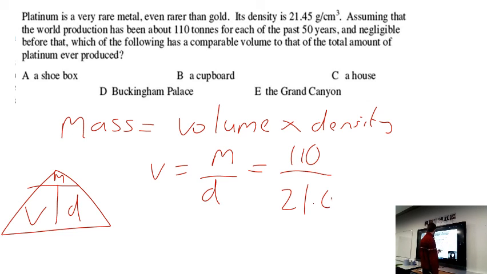Okay, so we've got to be careful here. We've got to convert the tons into grams. So 1 ton is 1,000,000 grams.